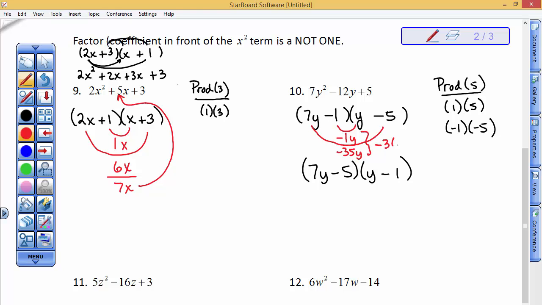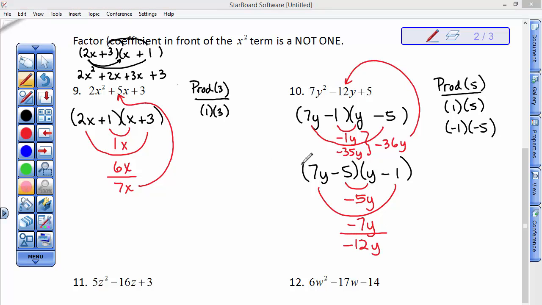So in my second guess, that smile is a minus 5y, and this smile is a minus 7y, for a total of a minus 12y, and I can say, bingo, I found the factored form by guessing and checking to see that my smiles work, because I know 7y times y is 7y squared, and I know a minus 5 times a minus 1 is the plus 5. I just want to know if the inside and the outside gave me that minus 12y.